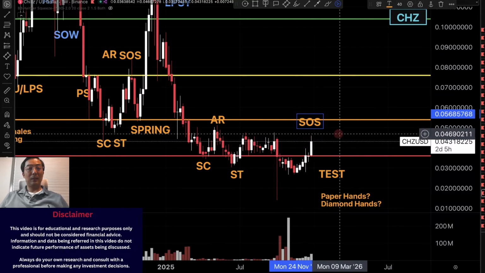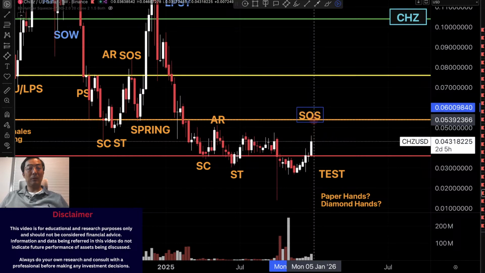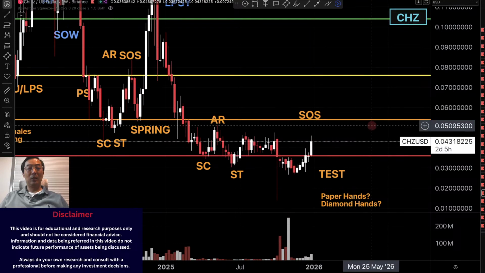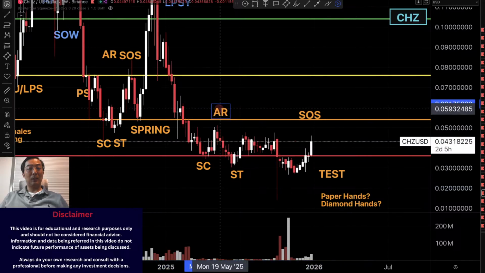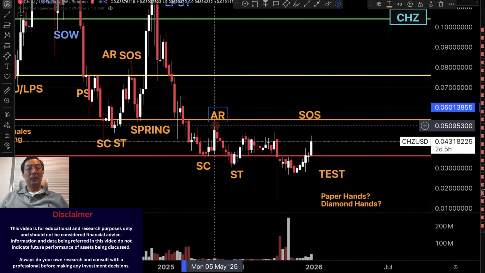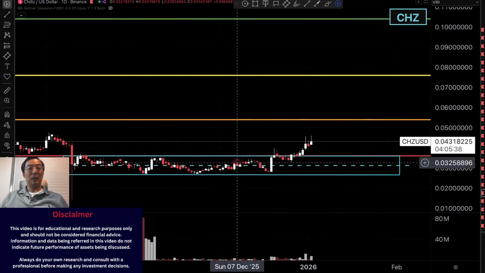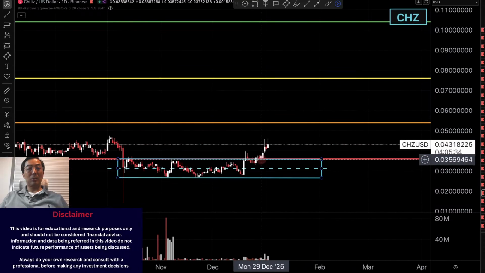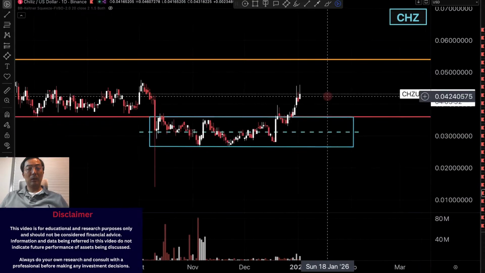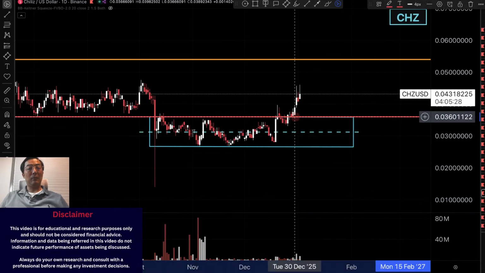All right, this is the very first challenge that comes with volume, hopefully towards the orange key level of 5 cents 40. That's where the automatic rally got close to. We definitely want to see this leg come up to challenge the orange. The good sign is that a couple of days ago it broke above the red key level of 3 cents 60.